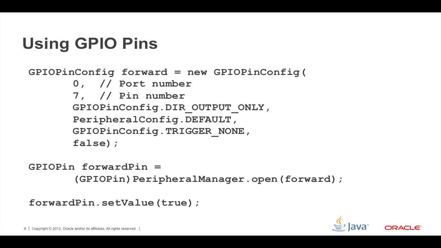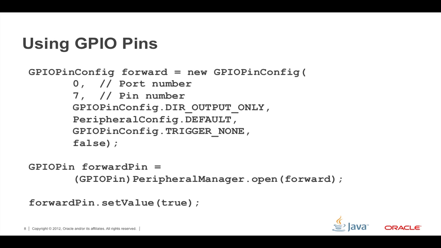So we create a new GPIO pin config object, and we pass in a number of parameters to the constructor. First of those is the port number. What this does is it allows us to group together a certain number of pins, but we're not doing that in this case, so we just treat that as 0. Then we have the specific pin that we're interested in. This is pin 7, and if you look at the Raspberry Pi documentation, you'll be able to see which pins are available on the header.